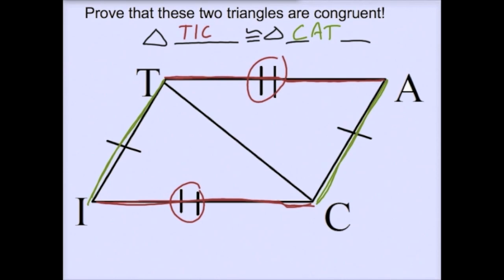And then finally, just from the way that these two triangles are drawn, we've got a shared side up the middle. So what that means is I've got the green pair of sides, I've got the blue shared side up the middle, and I've got the red pair of sides. So we're going to prove that these two triangles are congruent using side, side, side. So let's get to it.